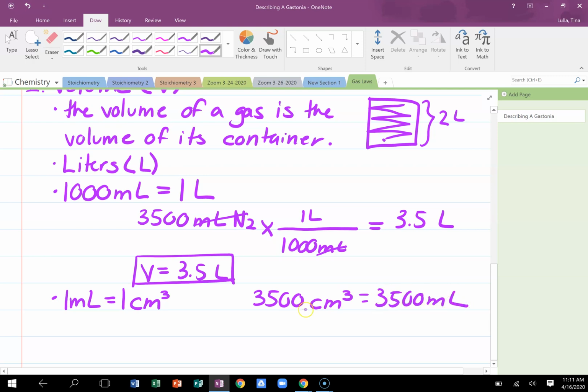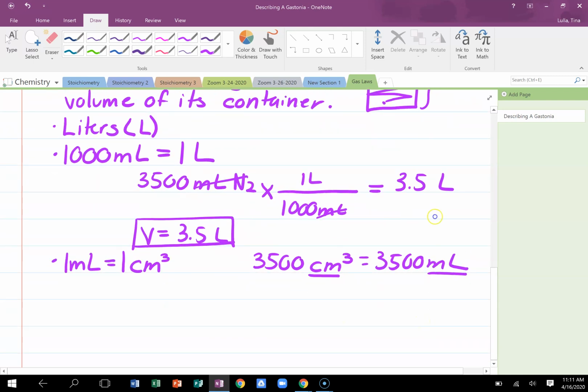Those units are the same. If you watch any of those medical shows on TV, they always say, give them 5 cc's of whatever medicine. Cc's is cubic centimeters, which is centimeters cubed. So that's just another way of saying give them 5 milliliters of a certain medicine.